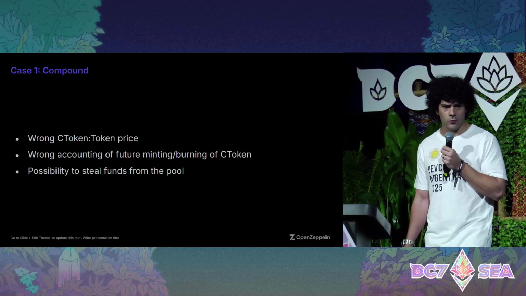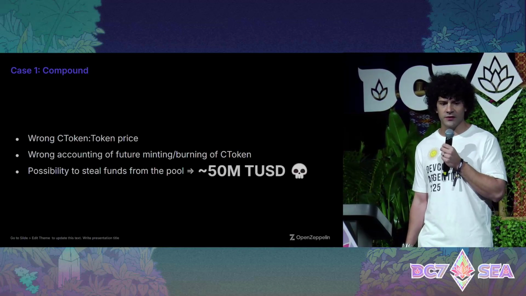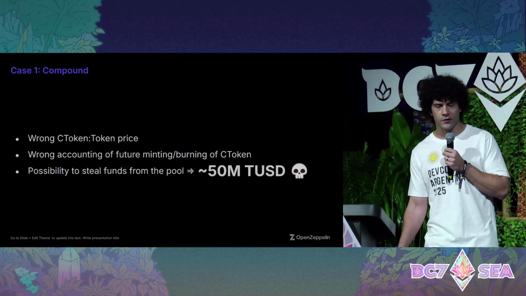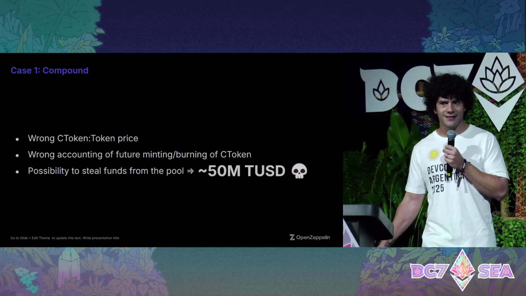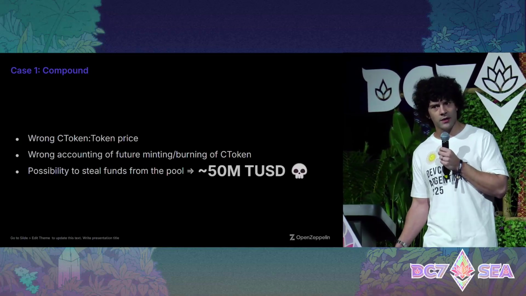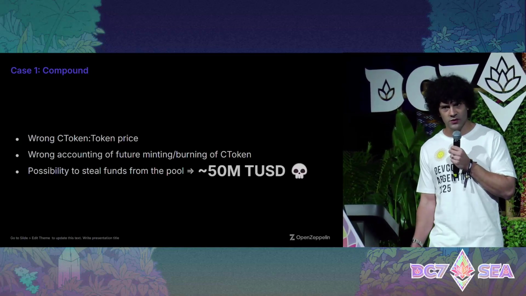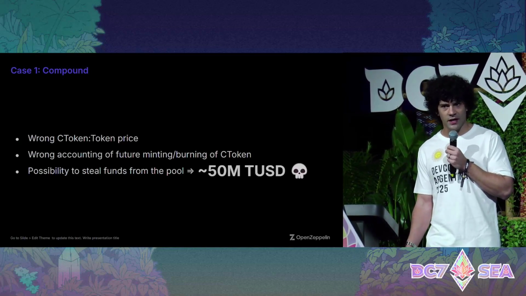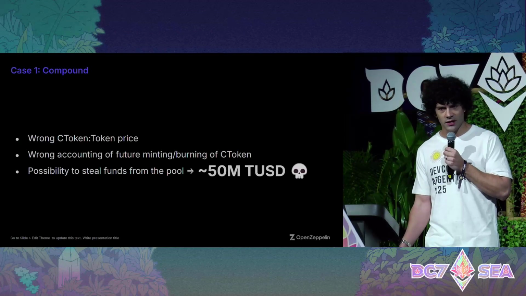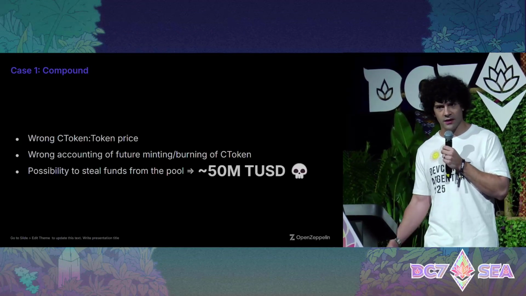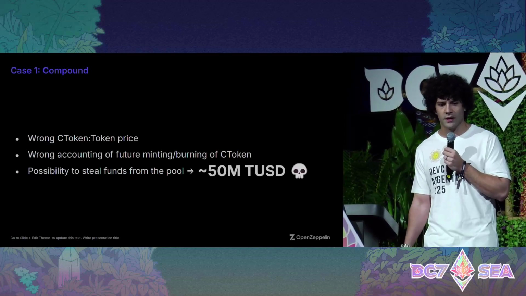And also there was the possibility to steal funds from the pool because all the calculations were made wrong. So if an attacker sent a transaction to the sweep token function to reduce the underlying token balance to 0, and then sent other transactions to other functions, they would have been able to steal around $50 million.